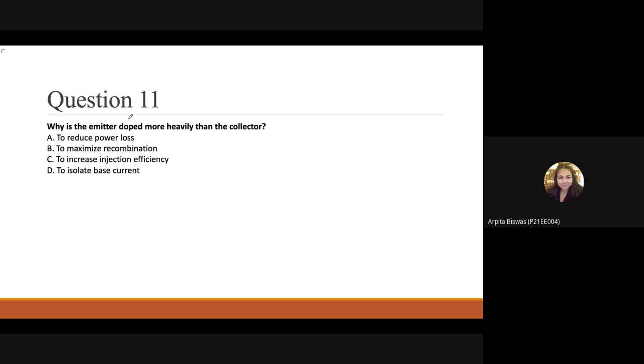That too is not our desire in a BJT. That's the wrong option. And what about option C, to increase the injection efficiency? That is the correct option, ma'am. Yes, the correct option is to increase the injection efficiency. Option D, to isolate the base current, is also not the right one. The option C is the right option.